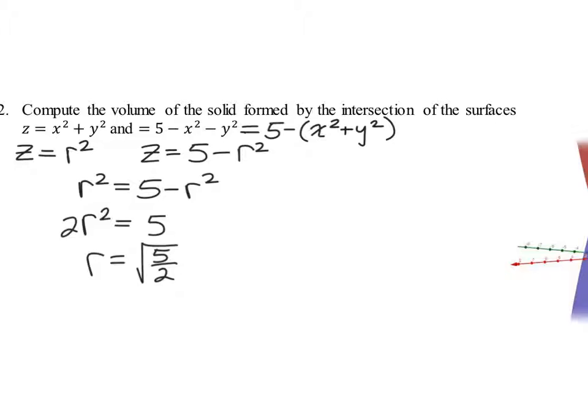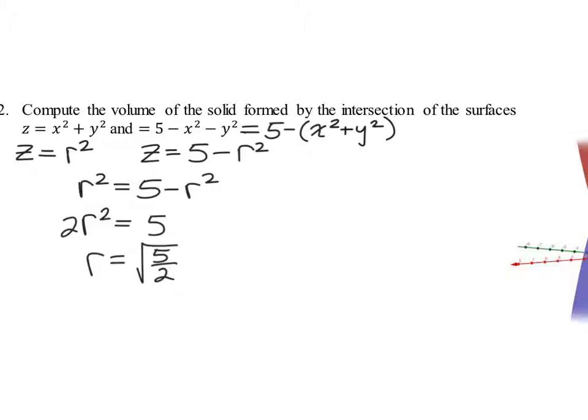So dividing by 2, taking the square root, we get root 5 over 2. We don't need the negative because, again, it's a radius. If you're talking about a circle's radius, the circle is in every direction already. If you take radical 5 over 2 steps in the negative direction, it doesn't amount to anything unique anyway.